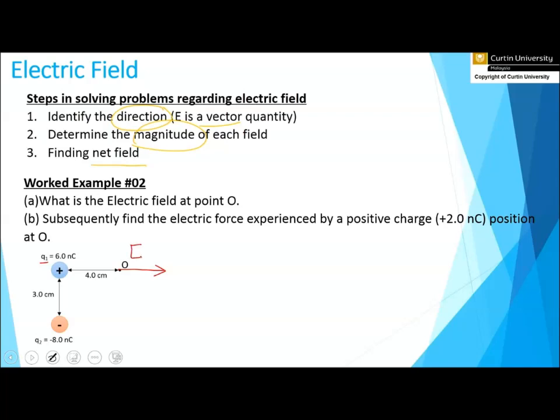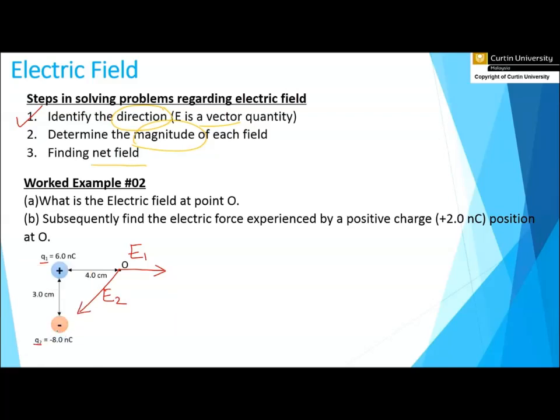So that will be your E1. And looking at Q2 and position O, electric field at position O due to Q2 is moving towards your Q2, because Q2 is a negative charge. So settle our step 1.